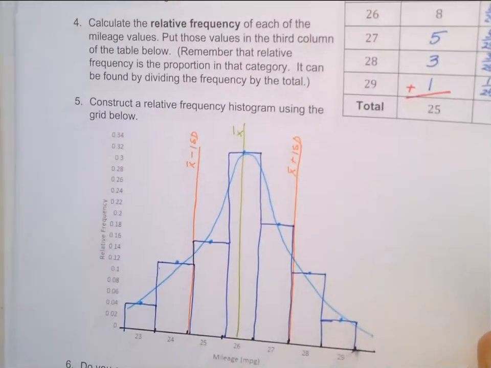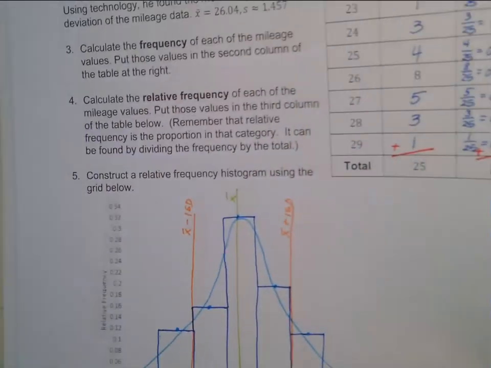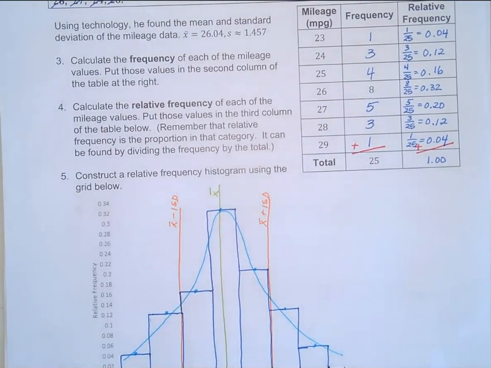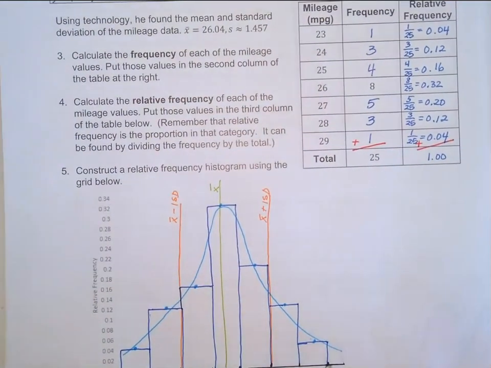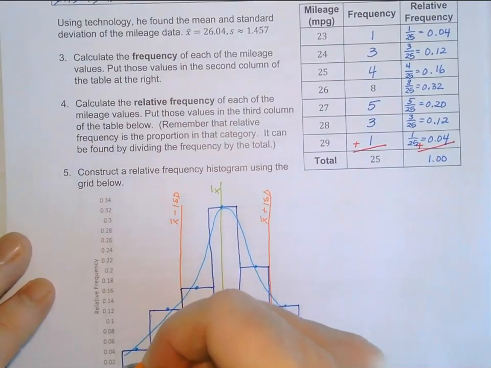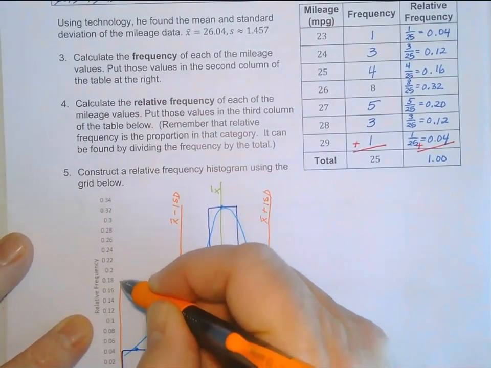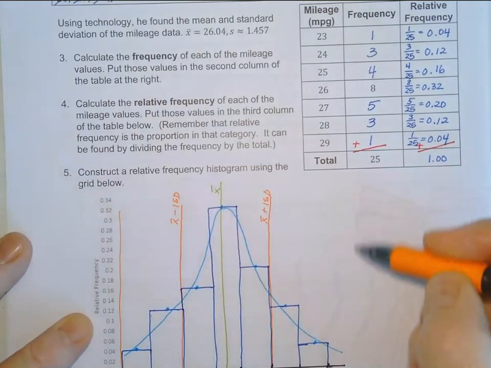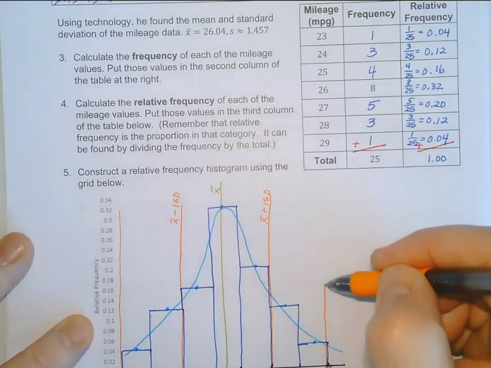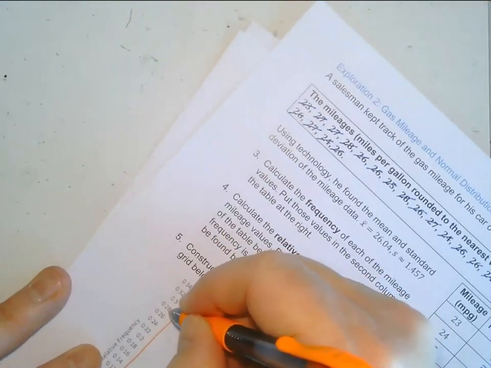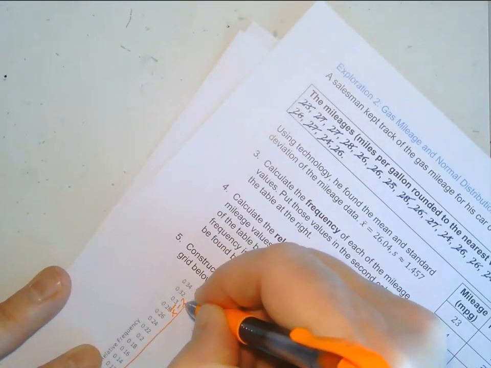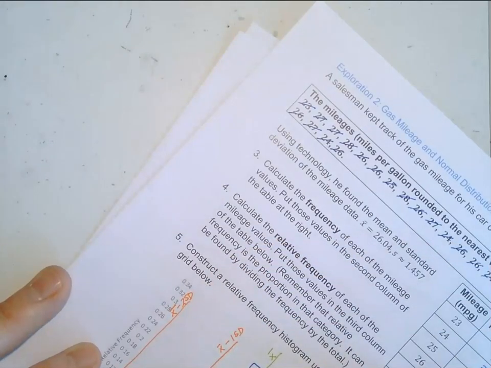Okay. So if I look here, 23 to 29. Well, here's 23, here's 29. So this is X bar minus 2 standard deviations. This is going to be X bar plus 2 standard deviations.